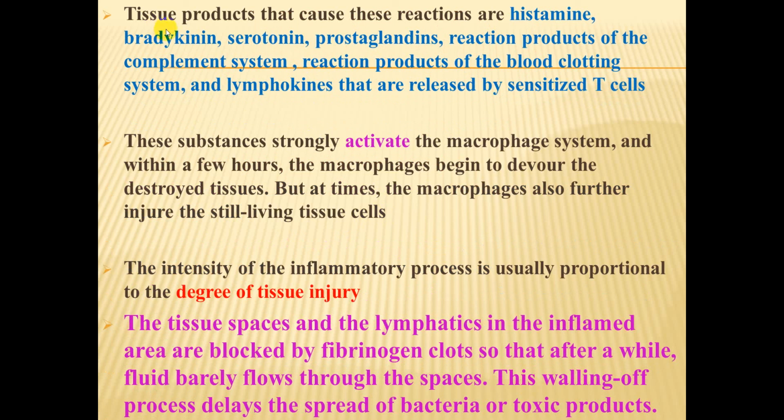Tissue products that cause these reactions are histamine, bradykinin, serotonin, prostaglandins, reaction products of the complement system, reaction products of the blood clotting system, and lymphokines that are released by sensitized cells.